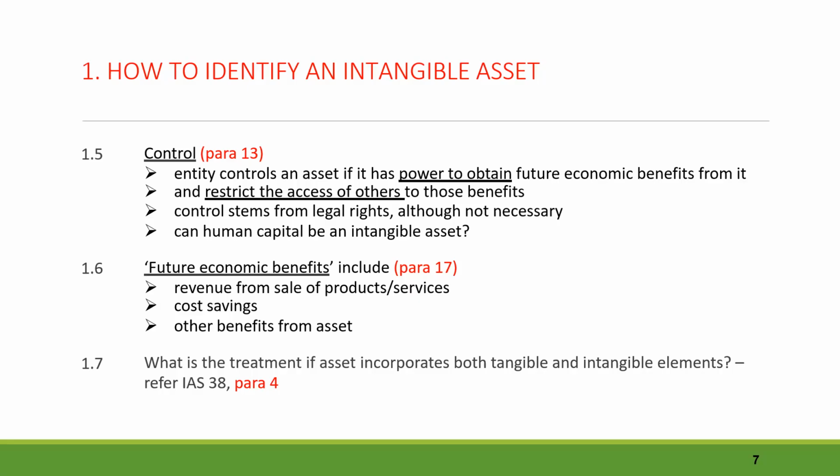Now, the point noted about the treatment of an asset that has both tangible and intangible elements would be a situation where the entity has to use judgment to assess which element is more significant. For example, if we have computer software, software is not a physical asset. We can't touch the software, okay? It's something that's stored on a computer disk, right?